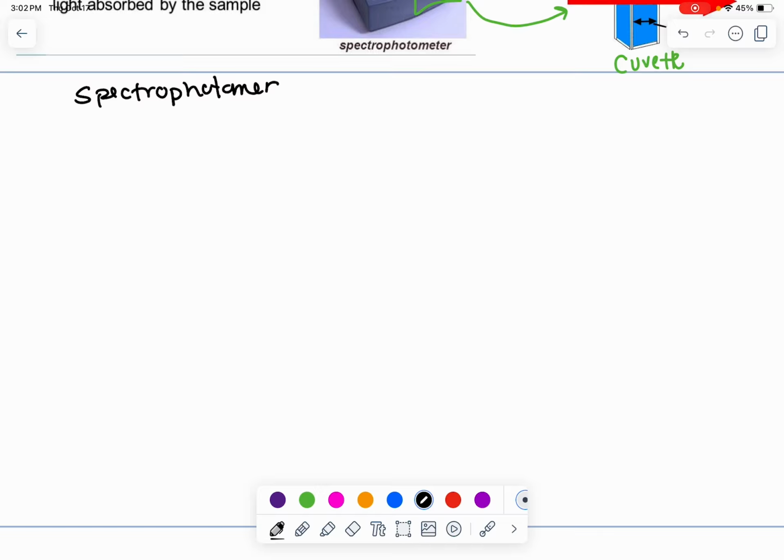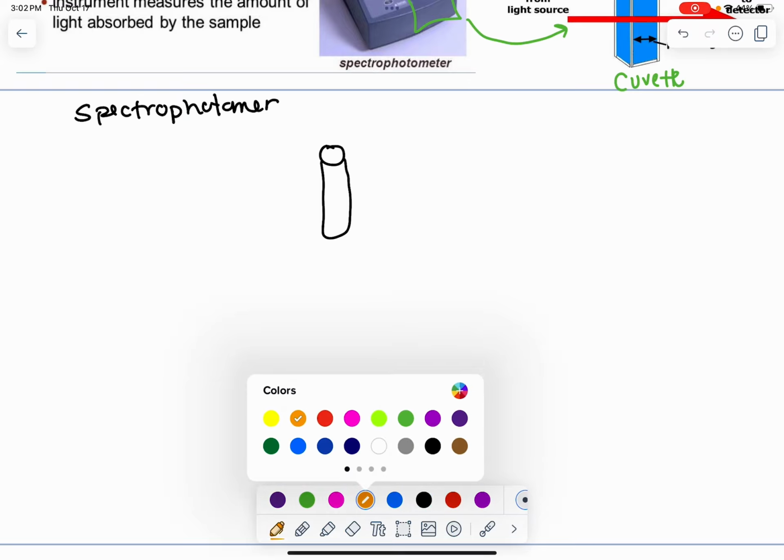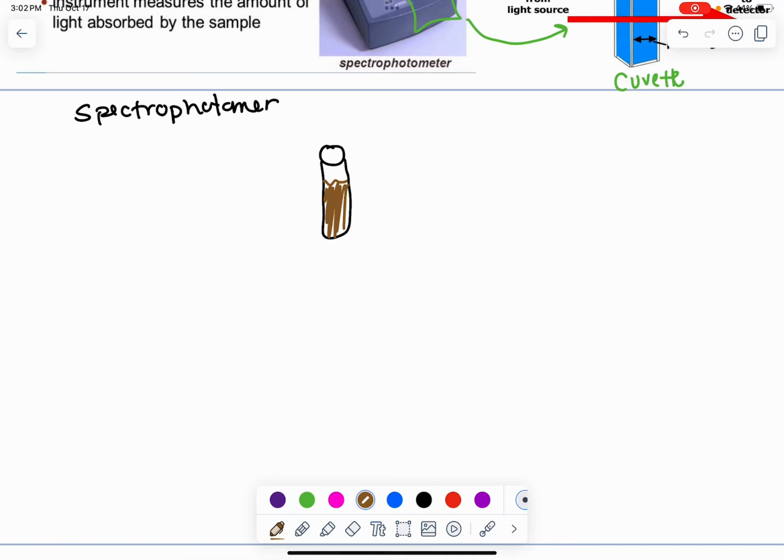So if I had a test tube, or you're going to have a cuvette, and let's say your liquid turns really dark brown, because the reaction rate is happening a bunch, you're going to have a light source here once it's in the spectrophotometer that you're going to shine through it.